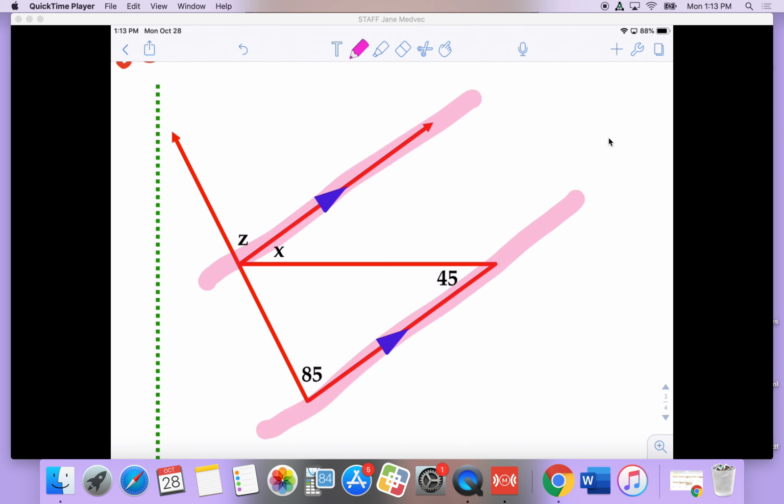Z equals 85. You're right. I've got my parallel line, right? And then I've got my transversals. Notice that Z is hugged by the purple and the pink line, and 85 is hugged by the purple and the pink line. What type of angles are they?